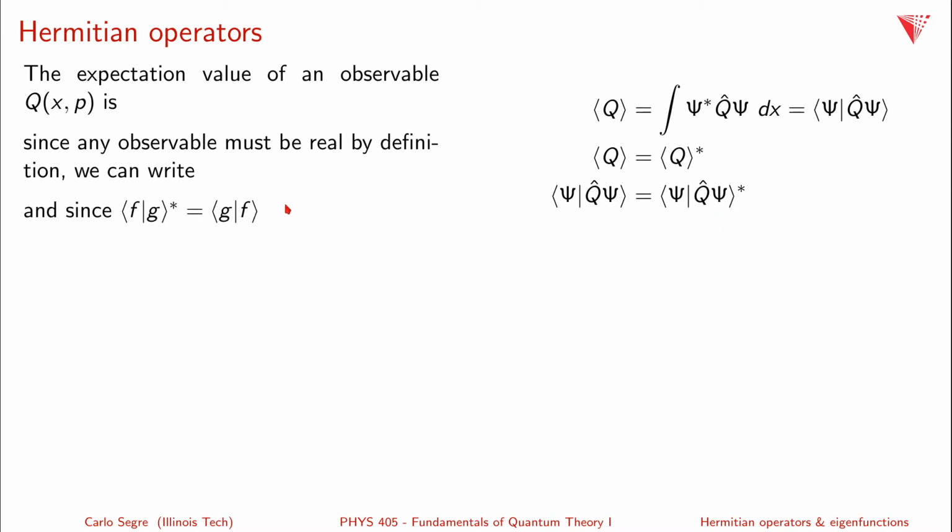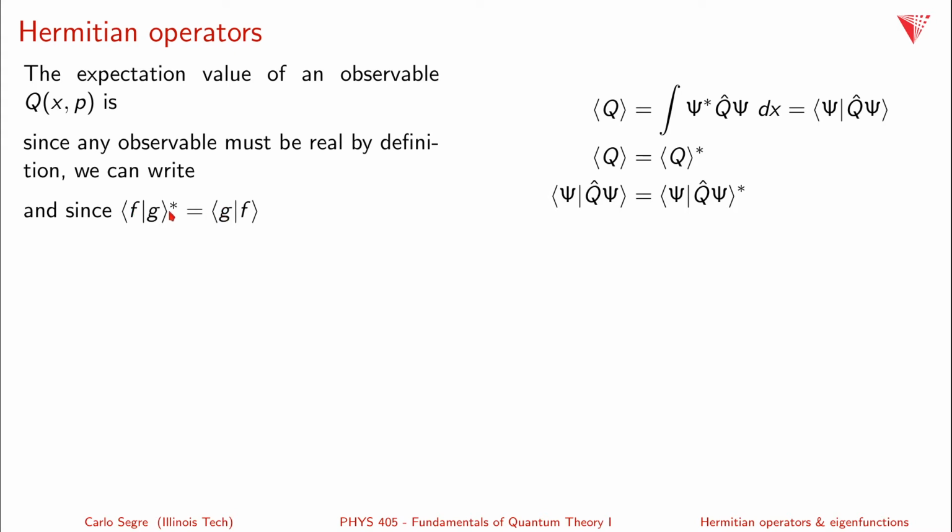Well, remember, we just talked about the fact that if you take an inner product of two functions and take its complex conjugate, then that's going to be equal to the inner product of the functions reversed.